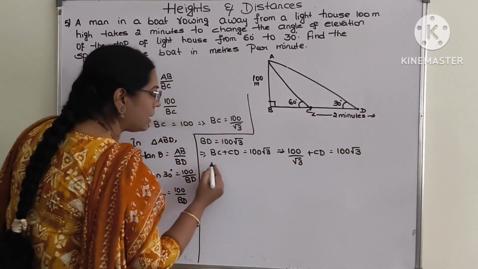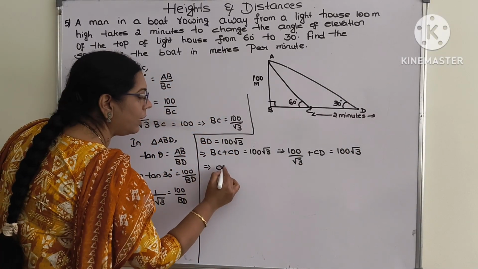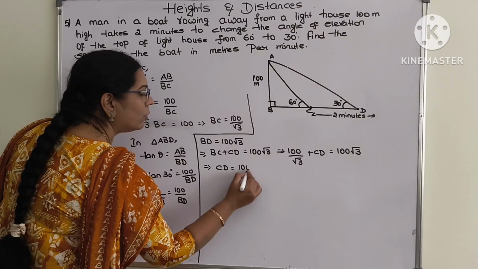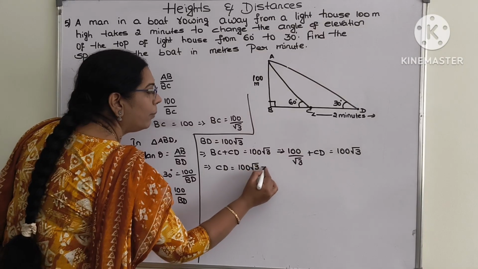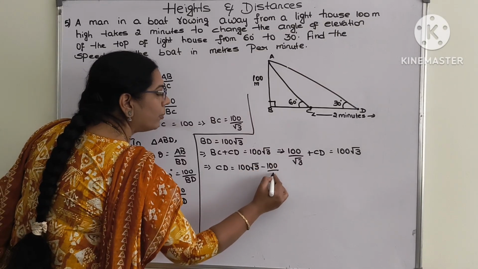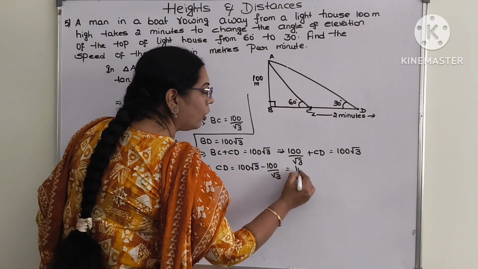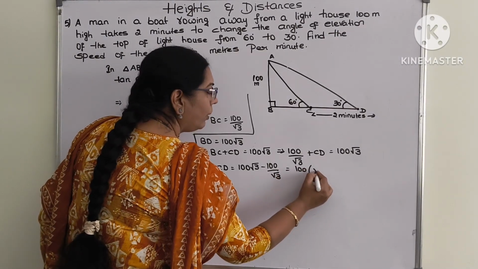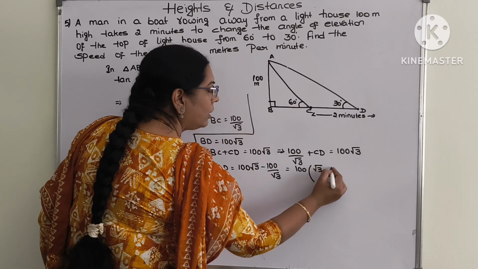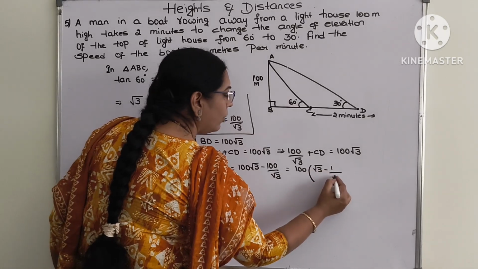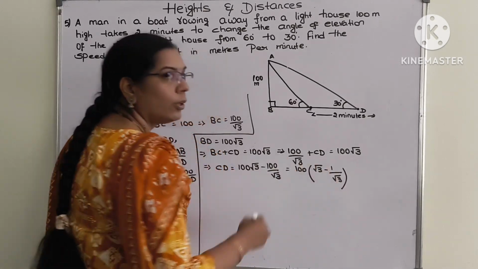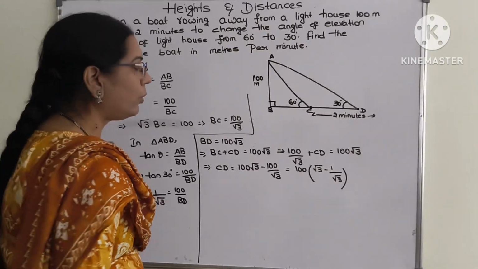Take the numbers to that side. So I am left with CD on the LHS is equal to 100 root 3 minus 100 by root 3. What is that you can do to the RHS? Take 100 common. So you will be having root 3 minus 1 by root 3.